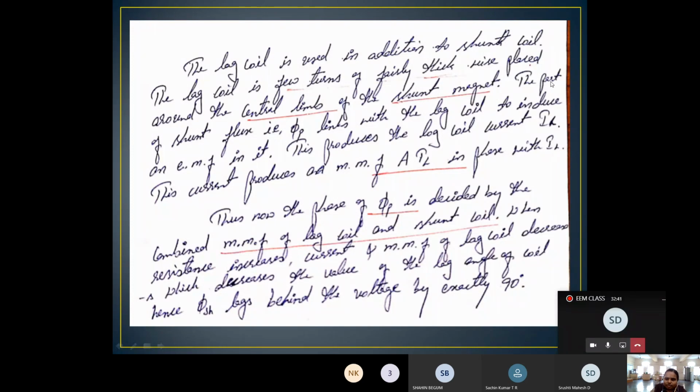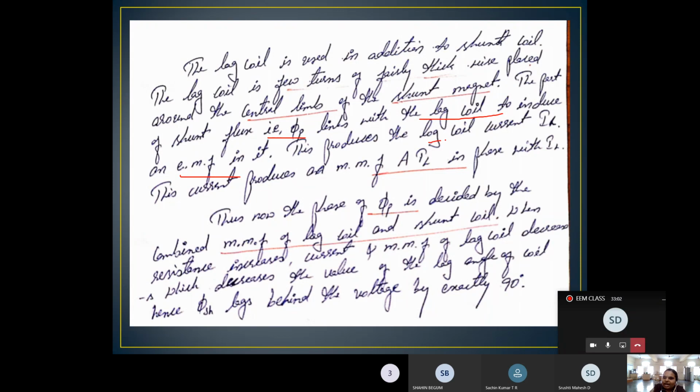The part of the shunt flux, that is φP, links with the lag coil to induce an EMF. Due to this, it induces the EMF.